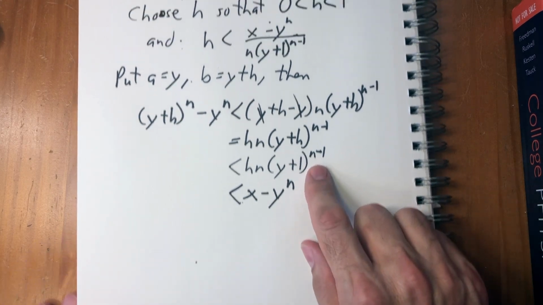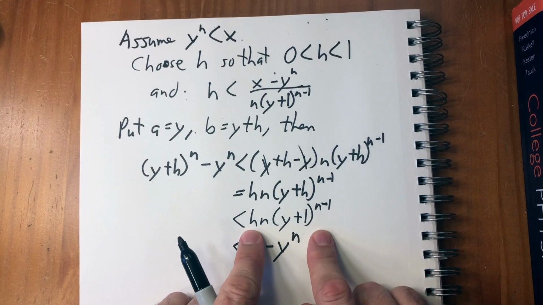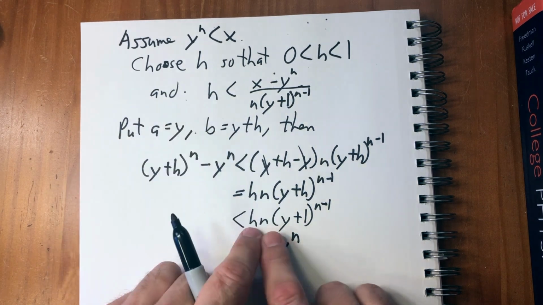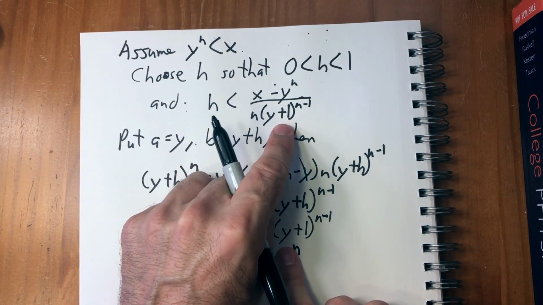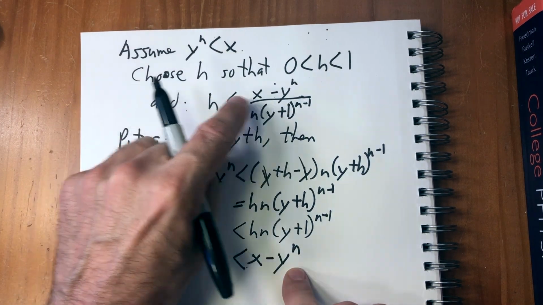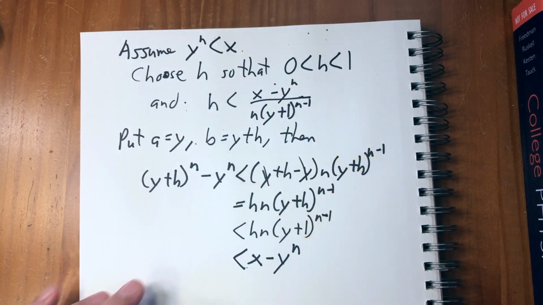The reason for this last one is this is the denominator. So if we multiply the denominator by h, we have hn(y + 1)^(n-1), and then that's going to be less than the numerator, which is x - y^n.